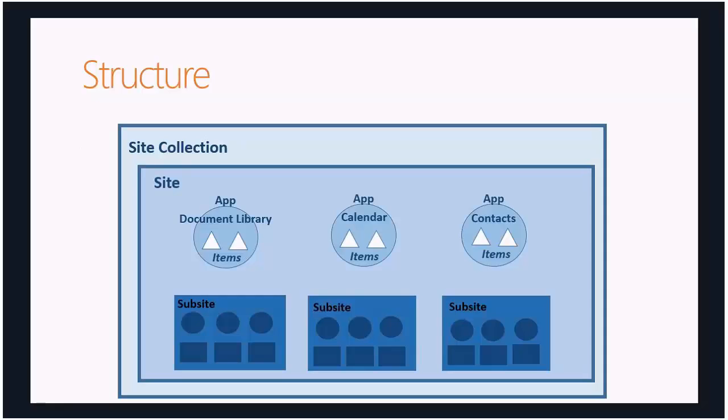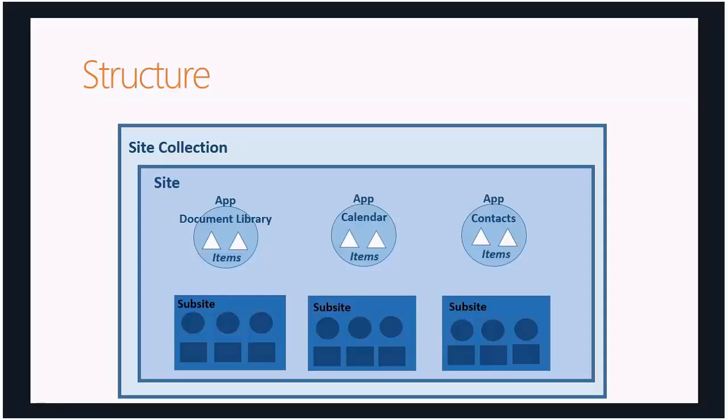Those apps could be, for example, a document library, a calendar, contacts, lists, tasks, or whatever. Inside those individual apps are items. The individual items inside our document library are obviously documents. Inside our calendars, they're calendar appointments and entries. Contacts are our individual contacts.